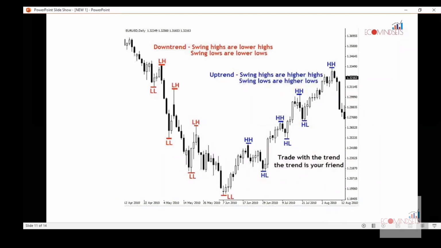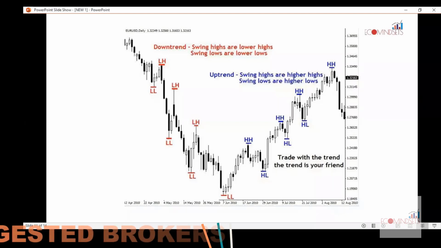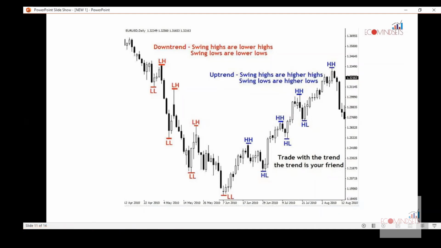I'm just trying to make sure you have enough of a picture of what we mean by an uptrend and a downtrend. A trend has to do with swing highs and swing lows. An uptrend has swing highs that are higher highs and swing lows that are higher lows.